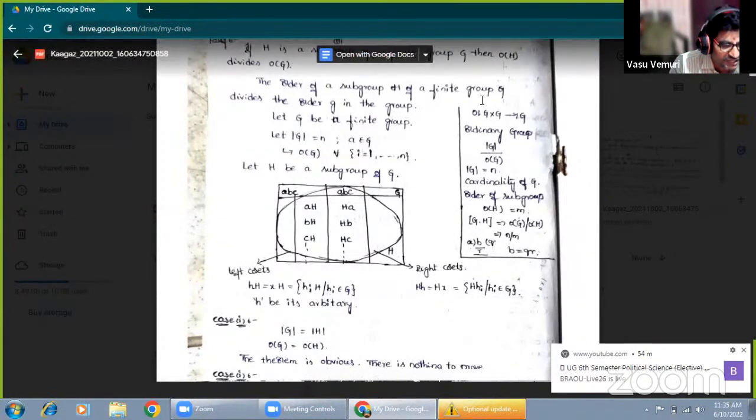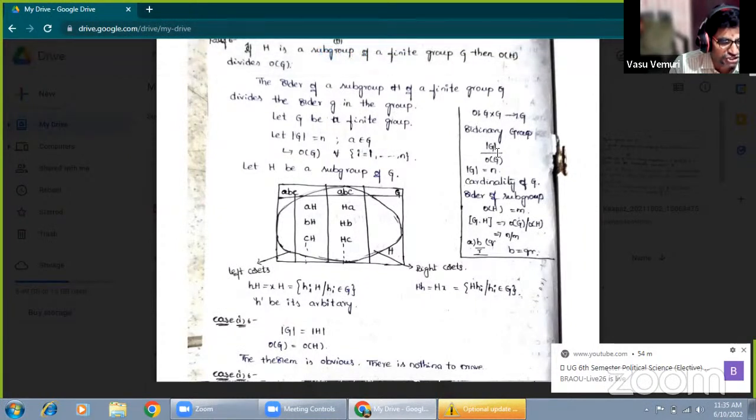The cardinality of the group is |G|, and the index is |G| by |H|, so |H| divides |G|, and |H| is a divisor of the order of G. When the group order is N and the subgroup order is M, we define the index of H in G as the cardinality of G by the cardinality of H.